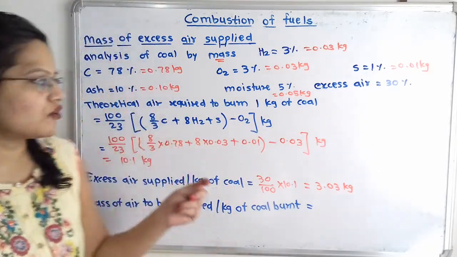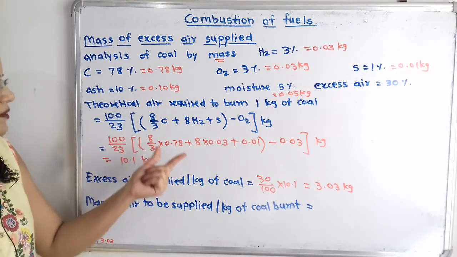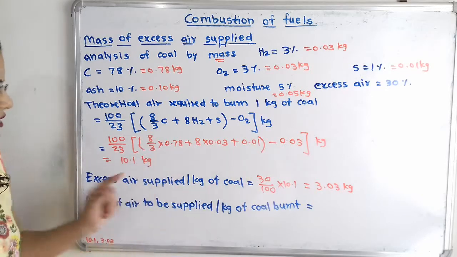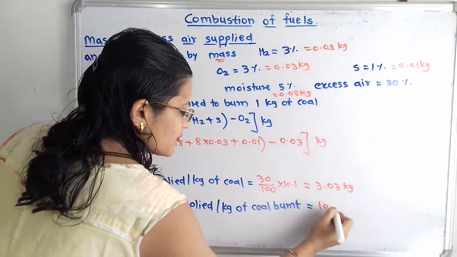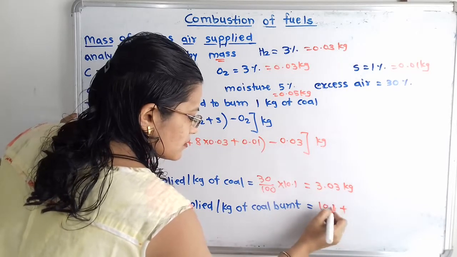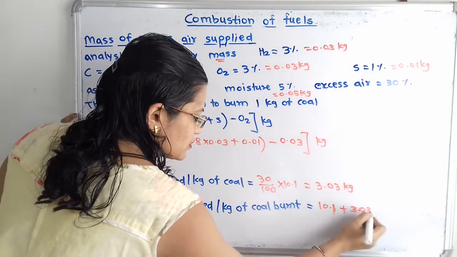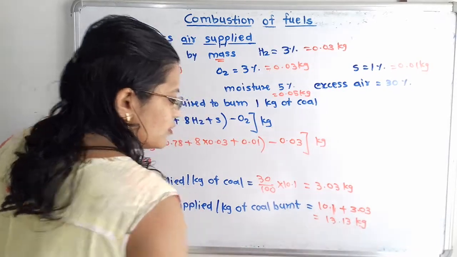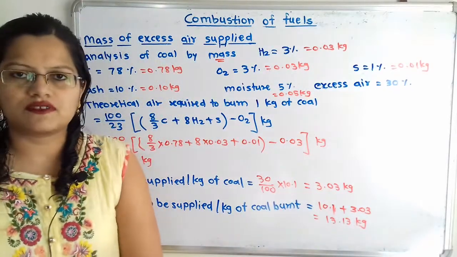That is the addition of the theoretical air plus excess air. So we add 10.1 plus 3.03, which is equal to 13.30 kilogram. So this is the answer of the first question.